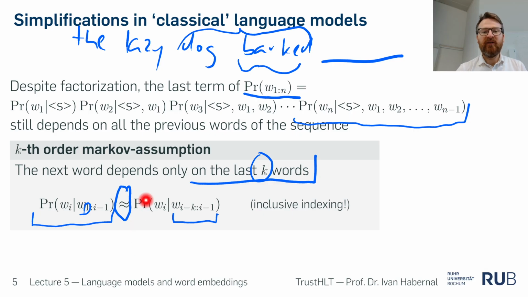But now think about this. If you have just the last word and you want to predict the next word, aren't you losing something important here? What could be the problem of doing this Markov assumption? We have the advantage: smaller factors, maybe easier to estimate.